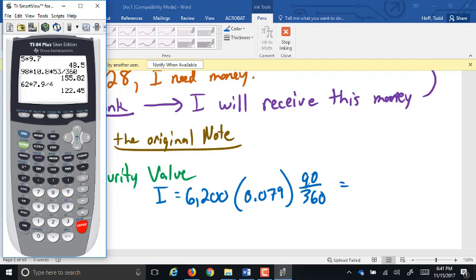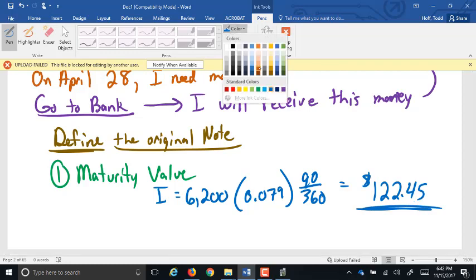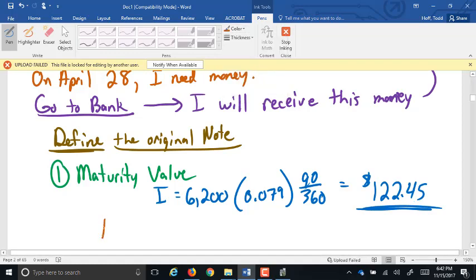Now we get, it's going to be $122.45 in interest. Does that look right? So that means the maturity value is going to be the principal, $6,200. Now be careful here. This is an interest-bearing note. So what do I do with the 122? I add it.